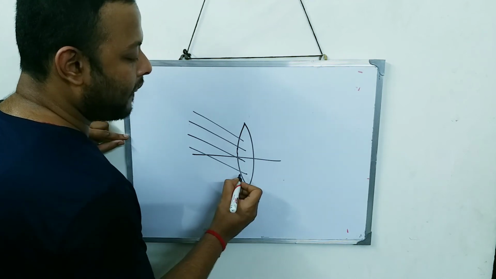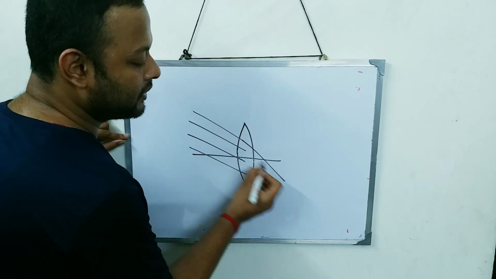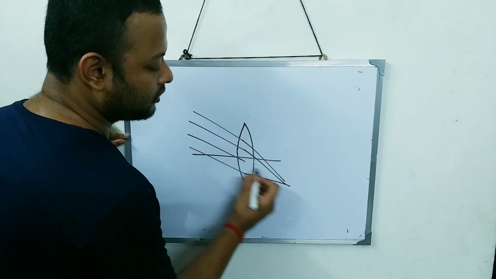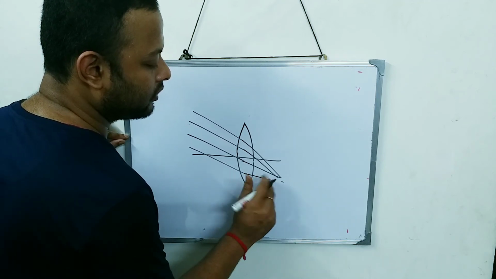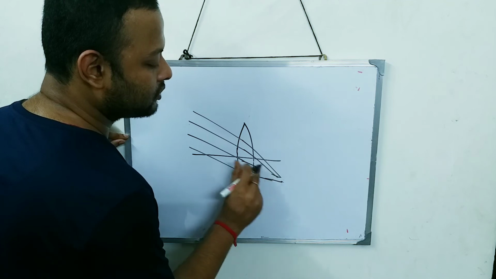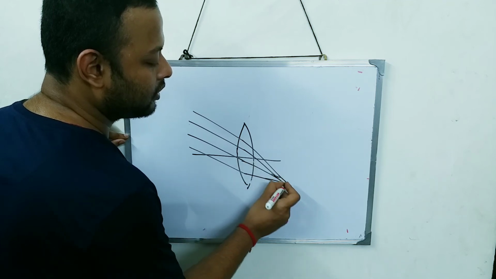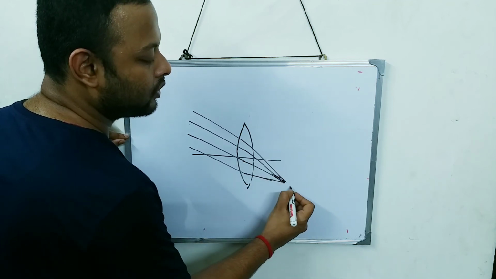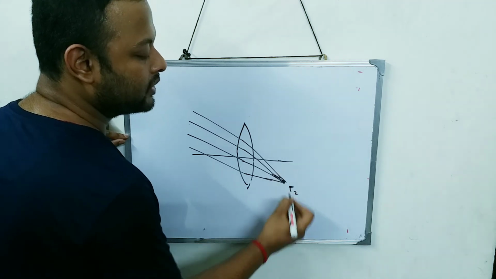We know how the rays will converge at a particular point. The rays will get converged to a particular point, and this point is called F2. So the image is formed at F2.